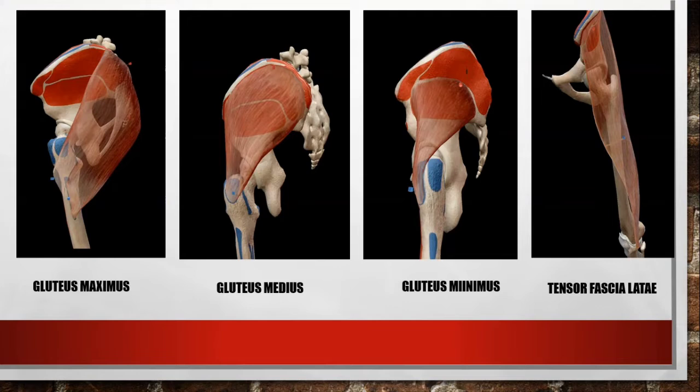We'll see in a minute. So this is the gluteus medius. It is arising from between the posterior and anterior gluteal lines, attaching to the greater trochanter of the femur, while the gluteus minimus is arising from the inferior gluteal line and attaching to the anterior aspect of the greater trochanter of the femur.